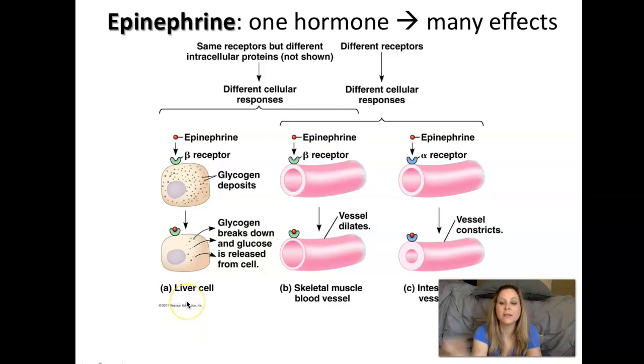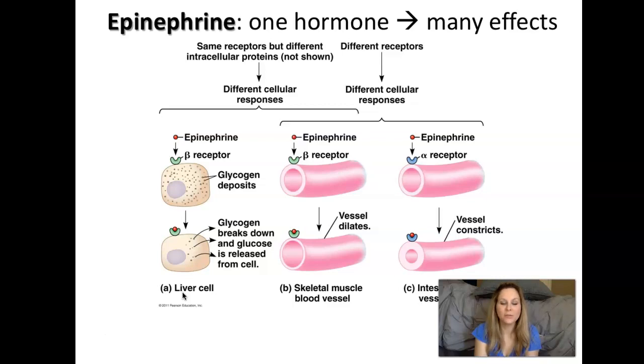So if I was getting chased, let's say I'm getting chased by a lion, epinephrine is going to be released from the adrenal glands. It's going to activate the liver cells. If I'm being chased by a lion, I need energy so that I can run or I can fight the lion. I don't think I would fight the lion. I'm pretty sure I would run. So in order to have energy, ATP, we need to do cellular respiration. And in order to do cellular respiration, I'm going to need glucose.